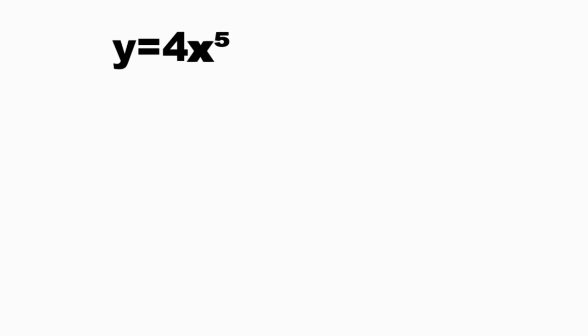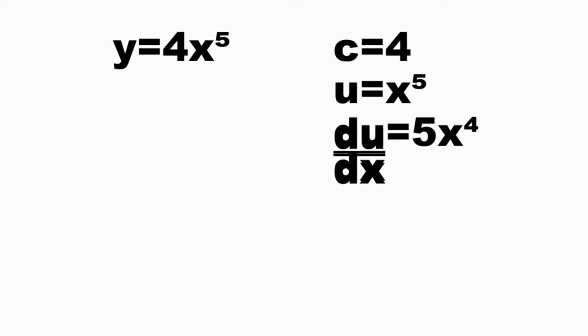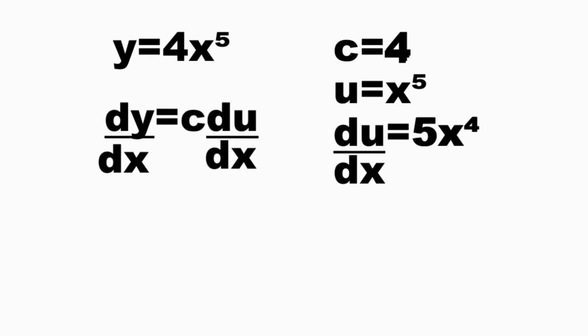Example: y equals 4x to the fifth. The constant here is 4 and u here is x to the fifth. Using the power rule, the derivative of u with respect to x, or du over dx, is 5x to the fourth. So using the formula, dy over dx is equal to c du over dx.